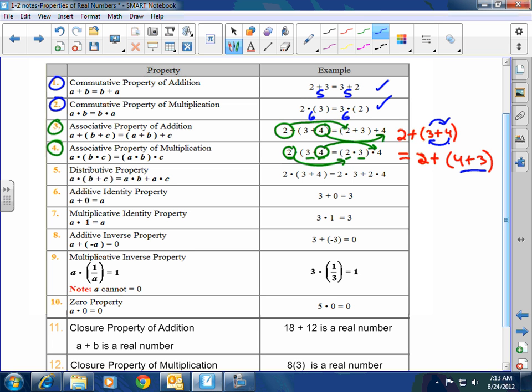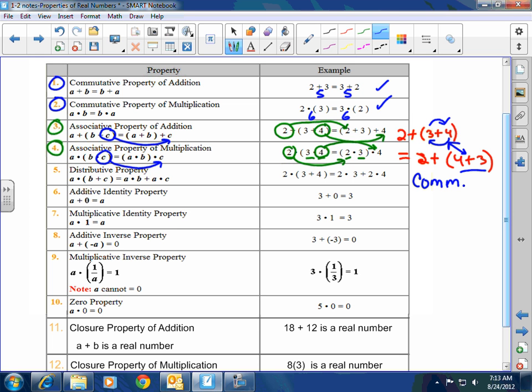But the 3 and the 4 are still inside of the parentheses. So this would be an example of the commutative property, not the associative. For you to have an associative property, once again, please remember, you have to take something out of the parentheses.